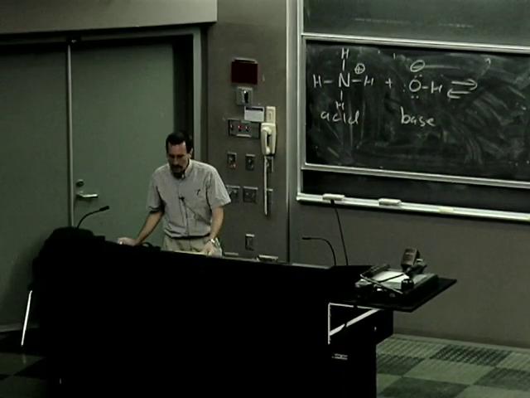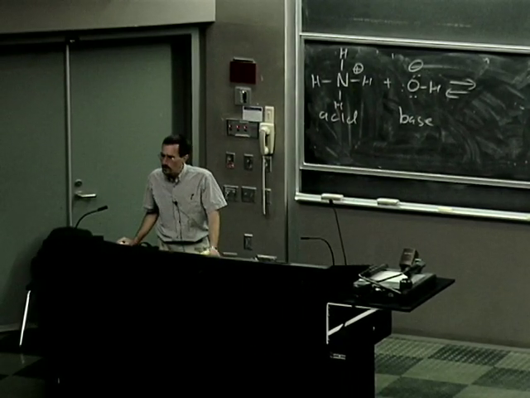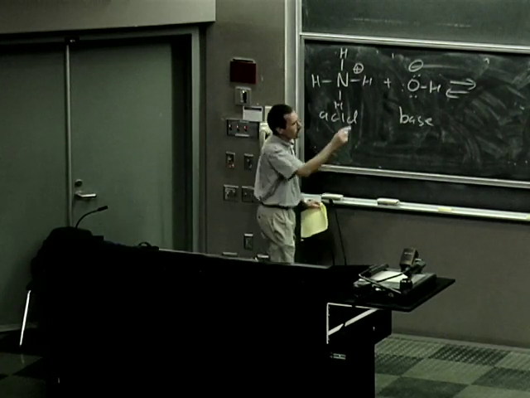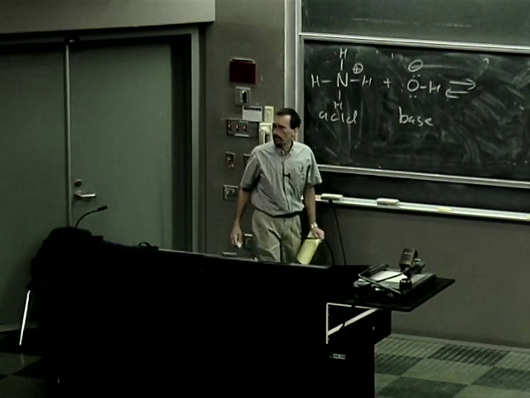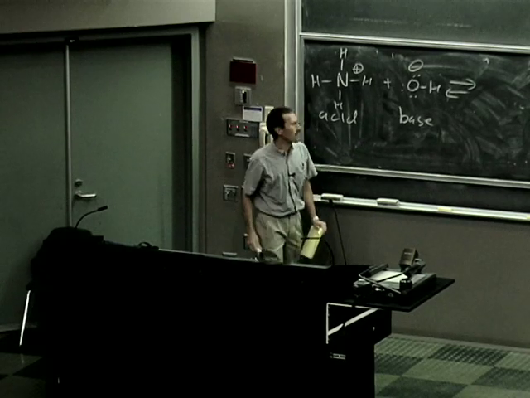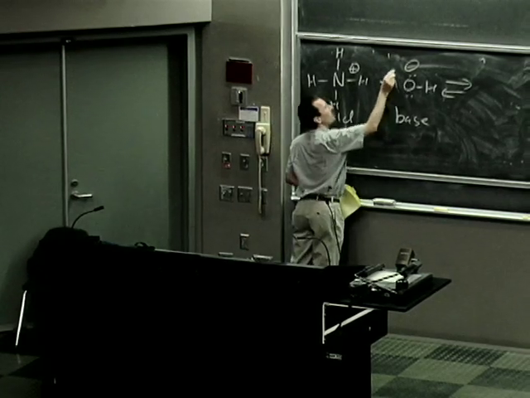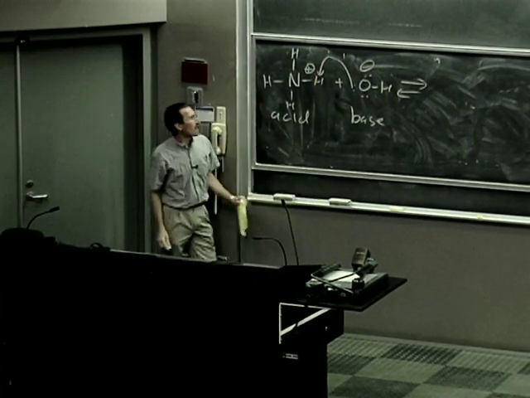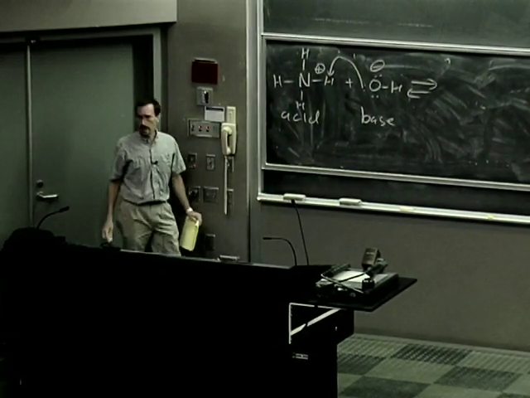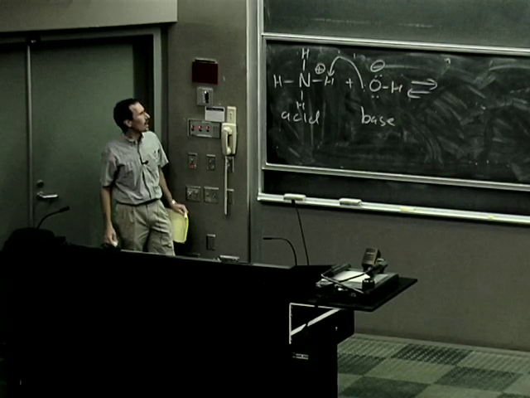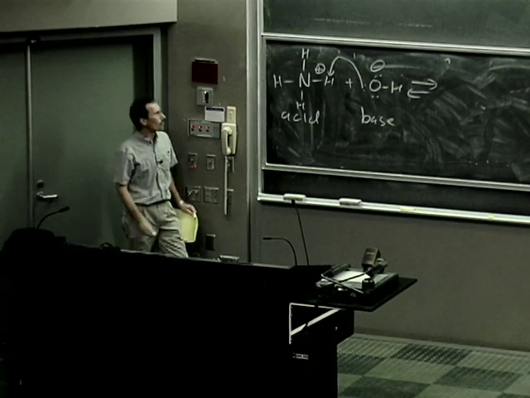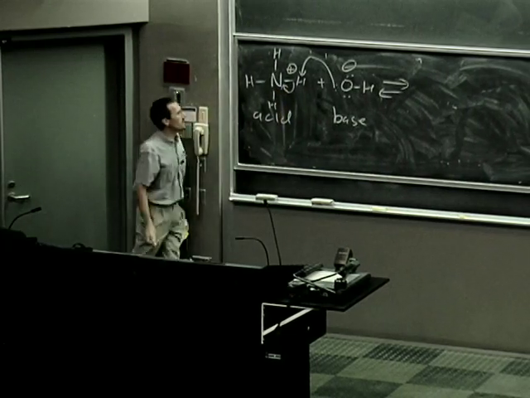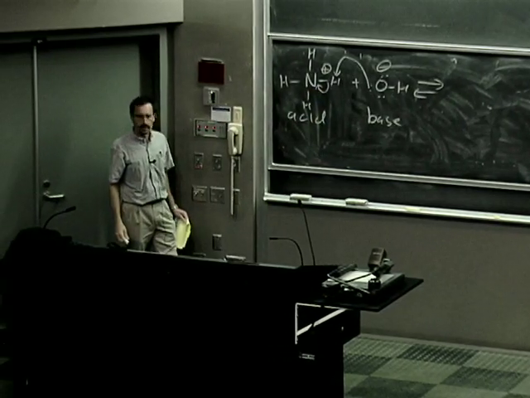The hydroxide anion pulls a proton off of the ammonium ion, and we can use the same concept of the curved arrow to demonstrate this. We have electrons flow from the hydroxide anion lone pair to the proton on ammonium. We push the electrons from the bond onto the nitrogen atom.